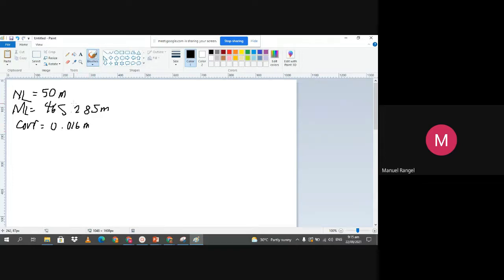Make sure your units are consistent. Usually in the board exam, some units are given in centimeters or inches, so please take note of the units.